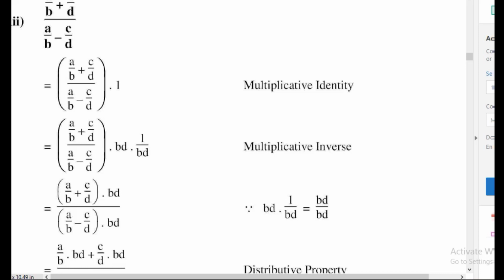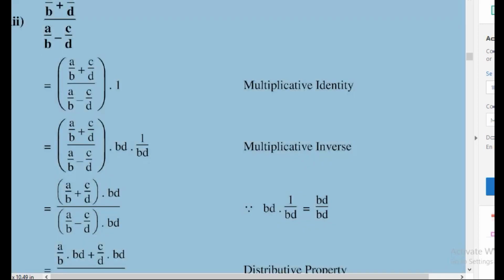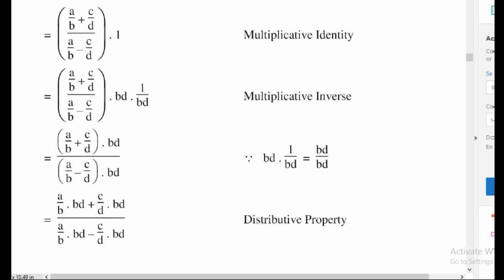So a/b dot bd plus c/d dot bd, divided by a/b dot bd minus c/d dot bd.